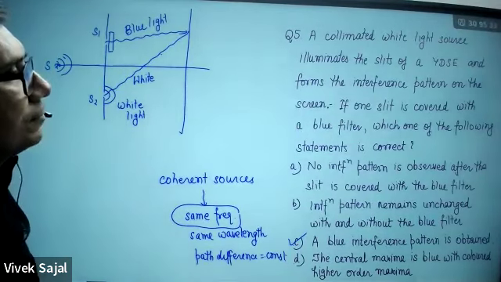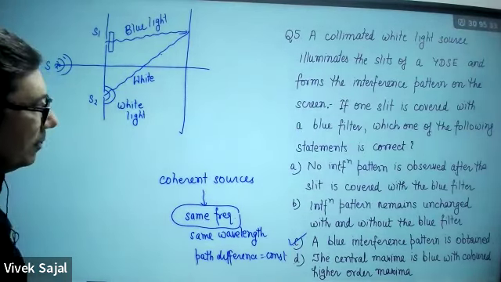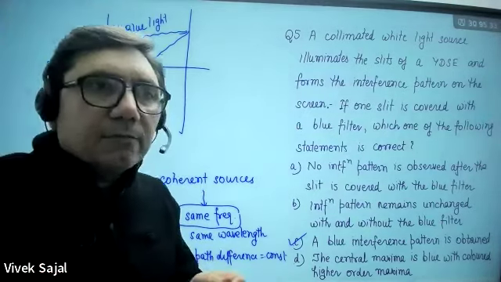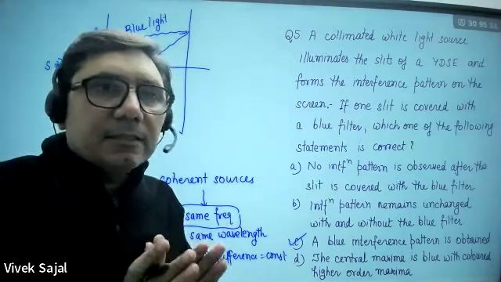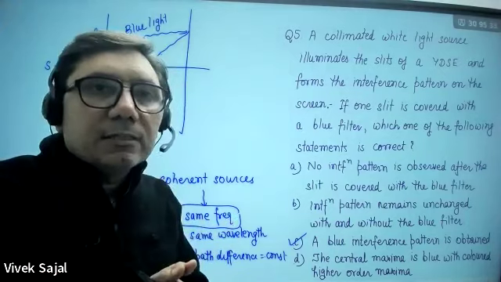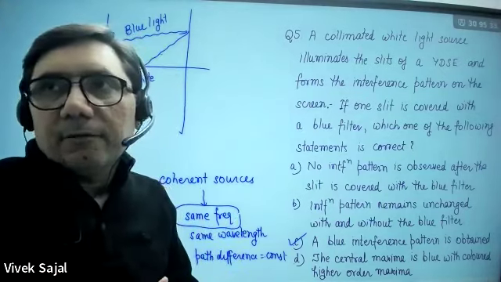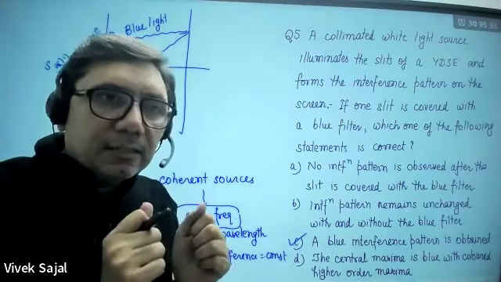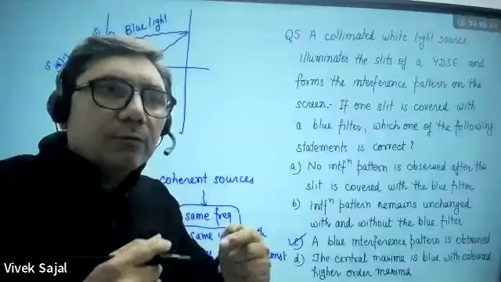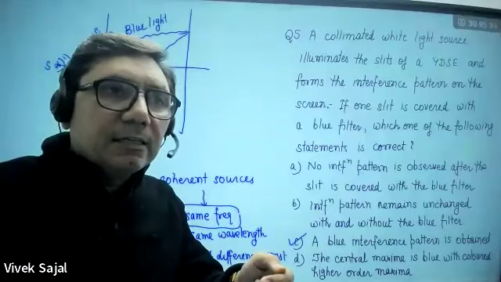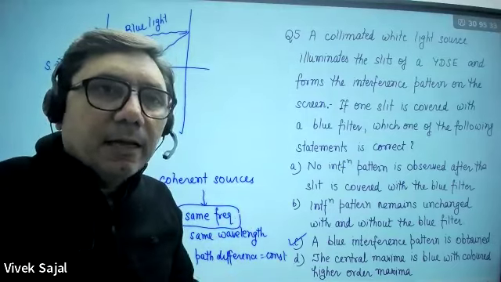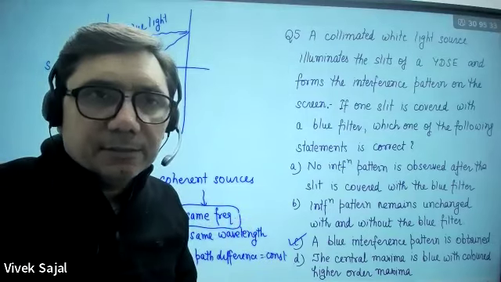Sir, what was the reason you gave, once again? Beta, for interference, what is the condition? The main condition is that the two sources should be coherent. For a stationary pattern, these two sources should be coherent, and for coherent sources, the frequency should be equal, the wavelength should be equal, and the phase difference should be constant.